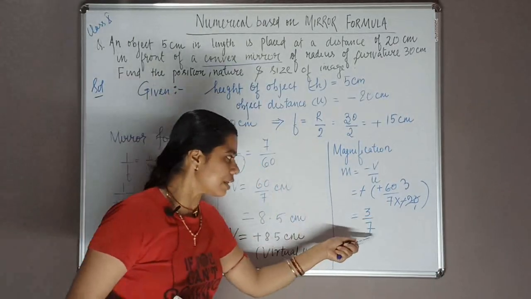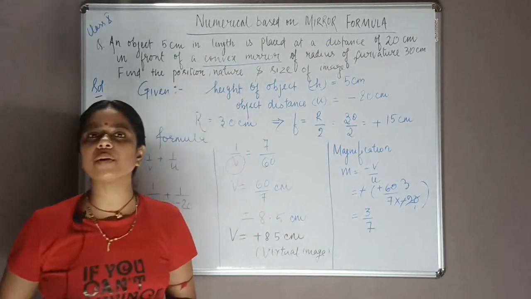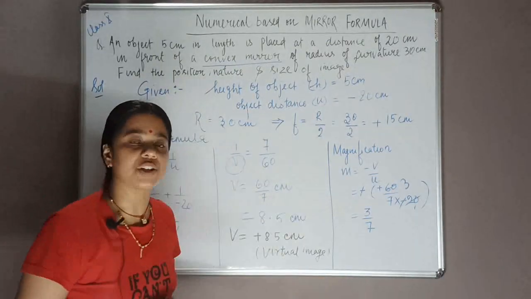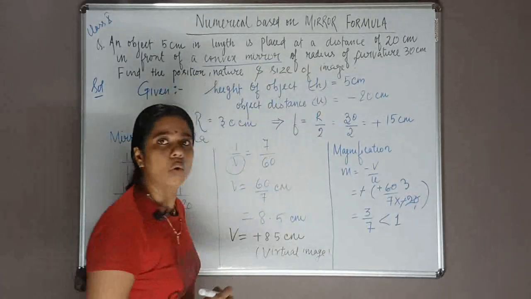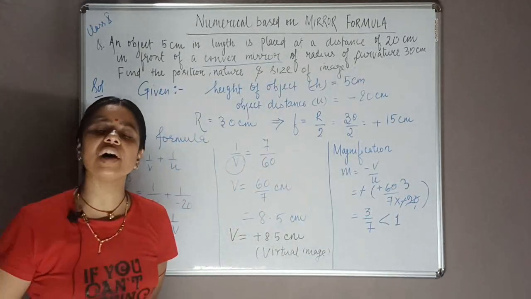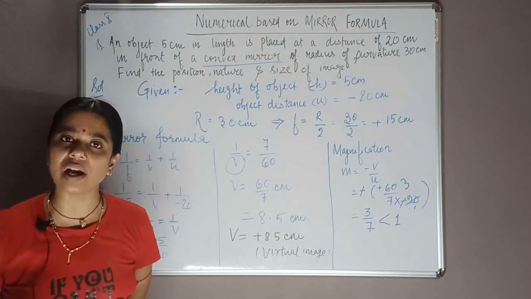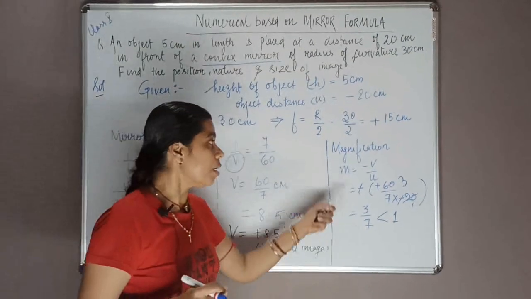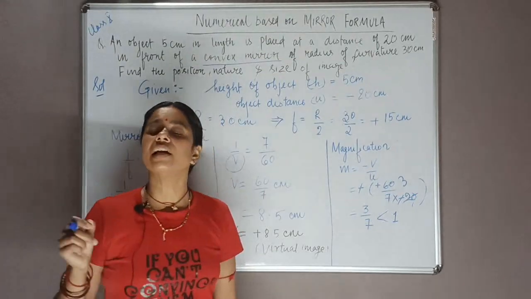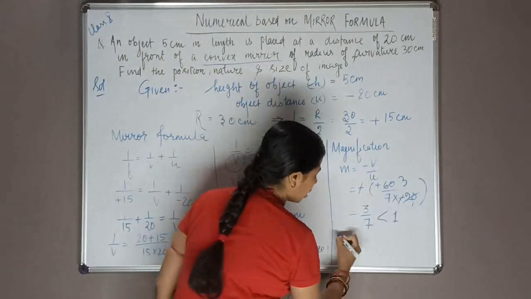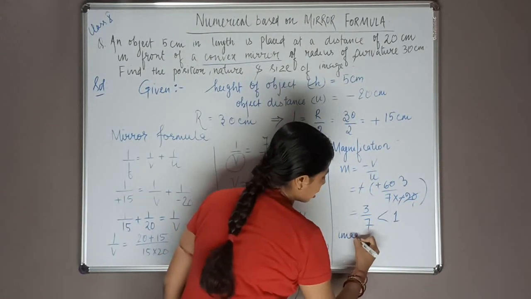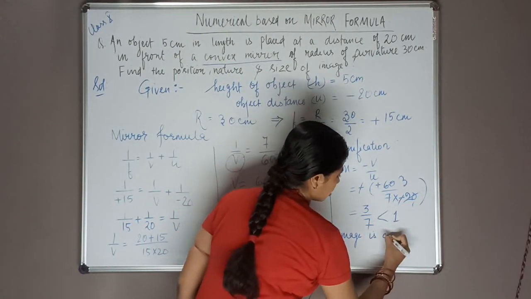Now you can see it is a proper fraction. Its value will always be less than 1. And when the value is less than 1, the magnification is diminished. Means as the M value is less than 1, the image is diminished.